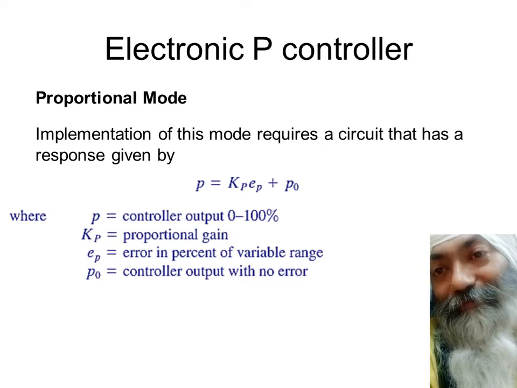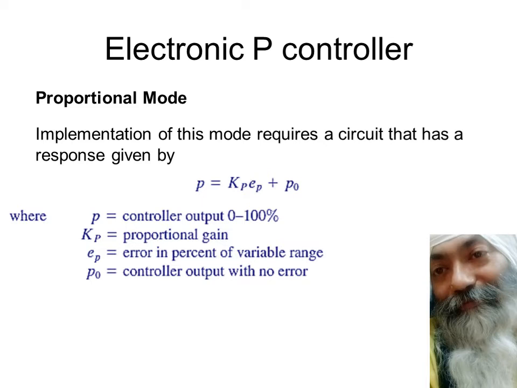So, my dear friends, as the equation goes, P, the controller output, normally taken in terms of percentage from 0 to 100%, is given by Kp into Ep. Kp is the proportional gain and Ep is the error in percent of the variable range, and P naught is the controller output with no error.